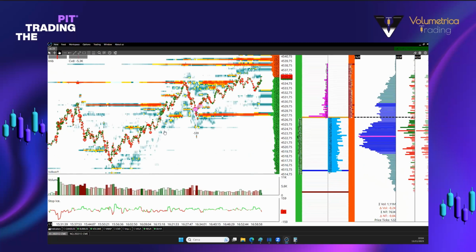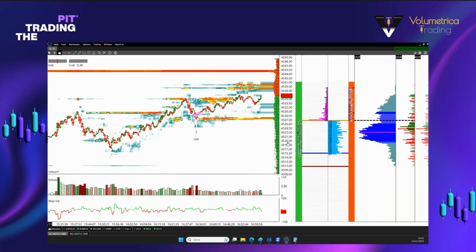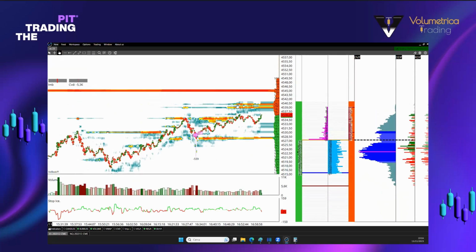Right after the opening, there was a lot of liquidity at the upper side of the chart. That means that price was below the most relevant portion of liquidity being provided.